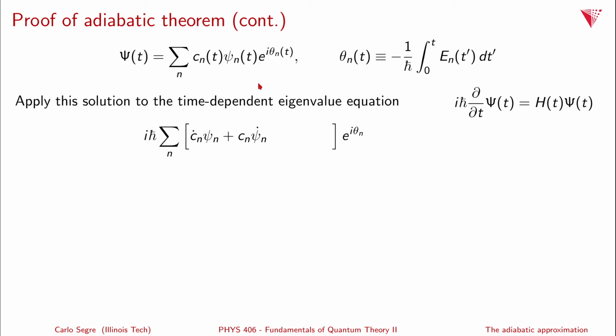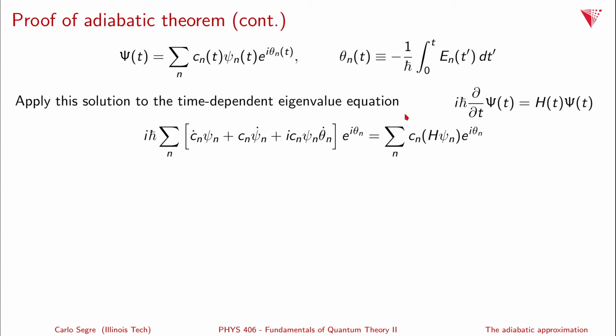And then we have to take the derivative here, and we'll get i times c sub n times psi sub n times theta sub n dot, because we have to take the derivative of the exponential. That brings down a theta n dot and an i, all, again, times e to the i theta sub n.